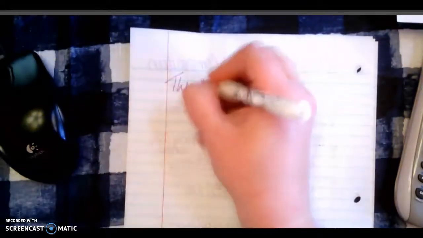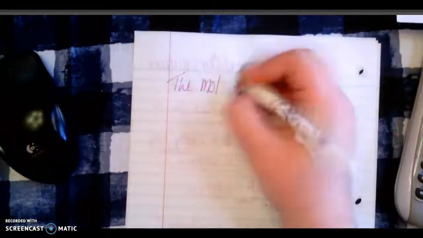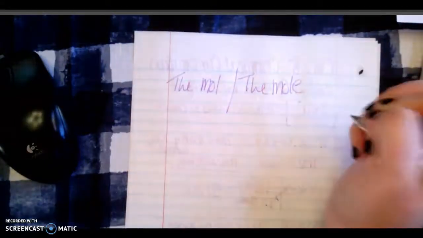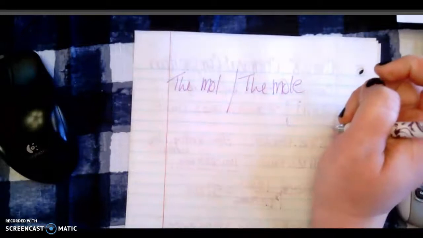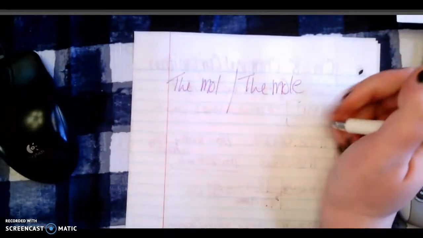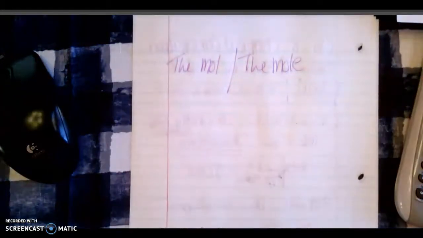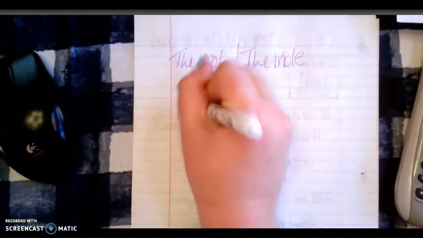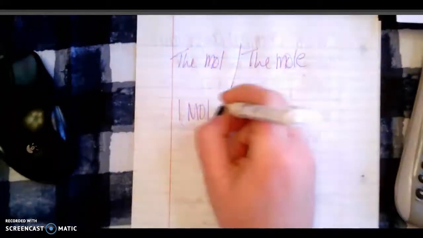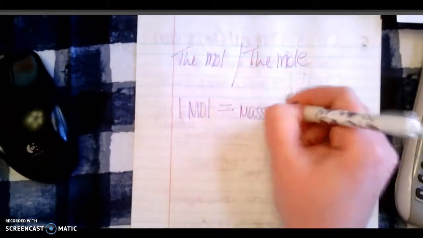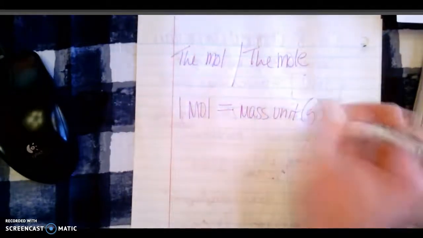Okay, so we have the same thing going on in science and chemistry, where we have the mole. Sometimes it'll have an E on the end of it. Those are both the same. The mole is based off an atom of carbon, but basically what it means for us is 1 mole of something is equal to that mass unit in grams.